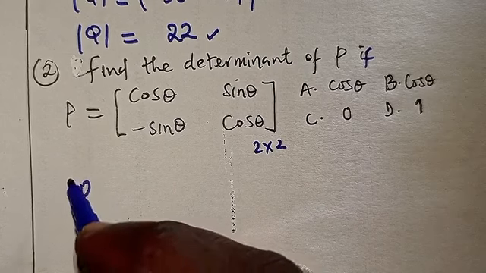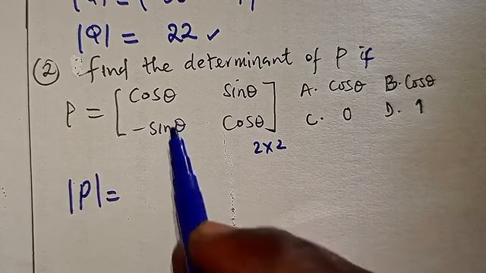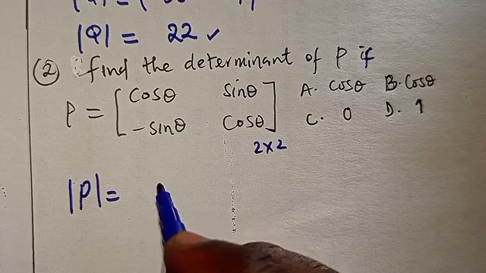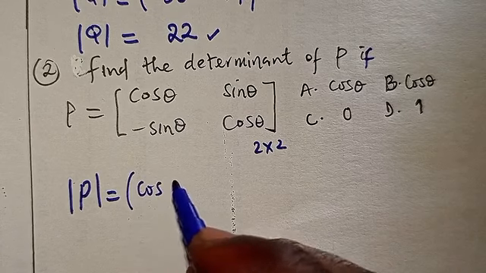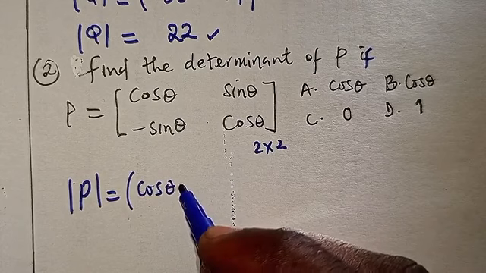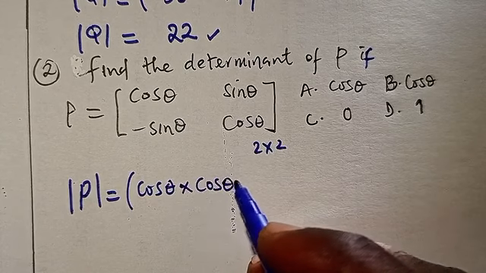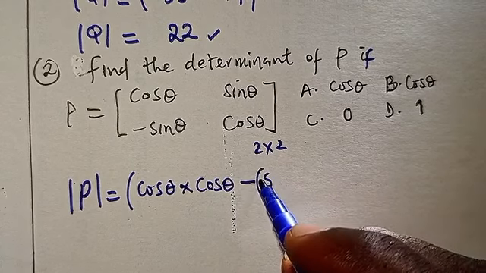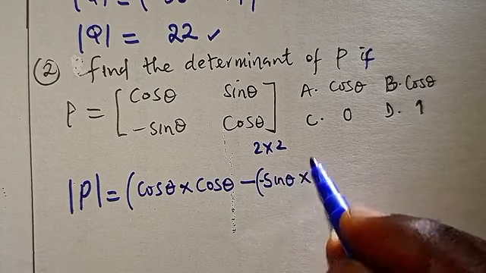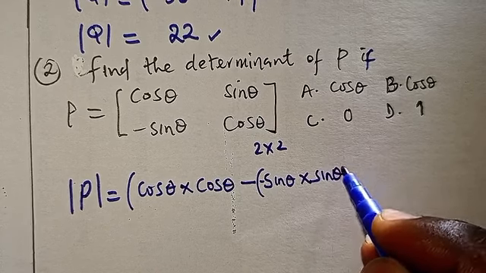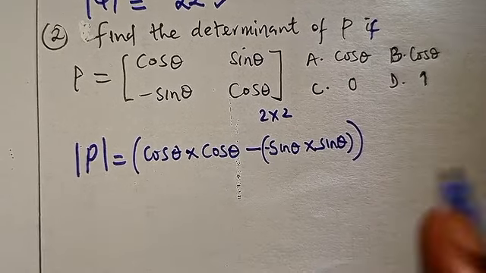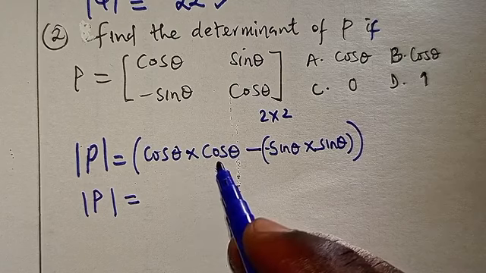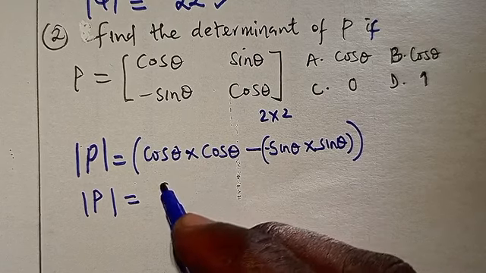We want to get the determinant of P, and that means you multiply this by this, so that's cos theta multiplied by cos theta, minus sine theta multiplied by sine theta. Can you see?